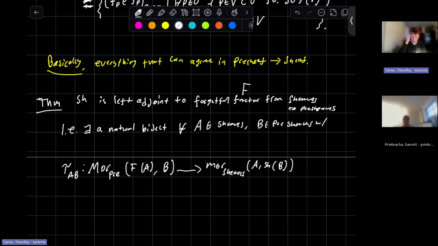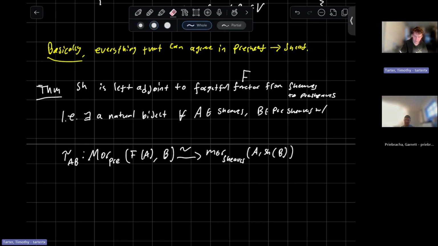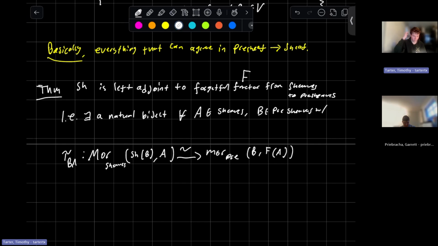It should be SH F, but then we switch A and B, then we switch sheaves and pre-sheaves. And now this is the left adjoint.